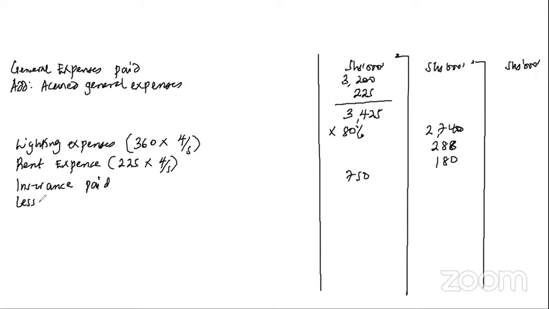So this insurance prepaid was 45. This belongs to the next financial period, so I'll have to minus this. You get 750 minus 45, that is 705.